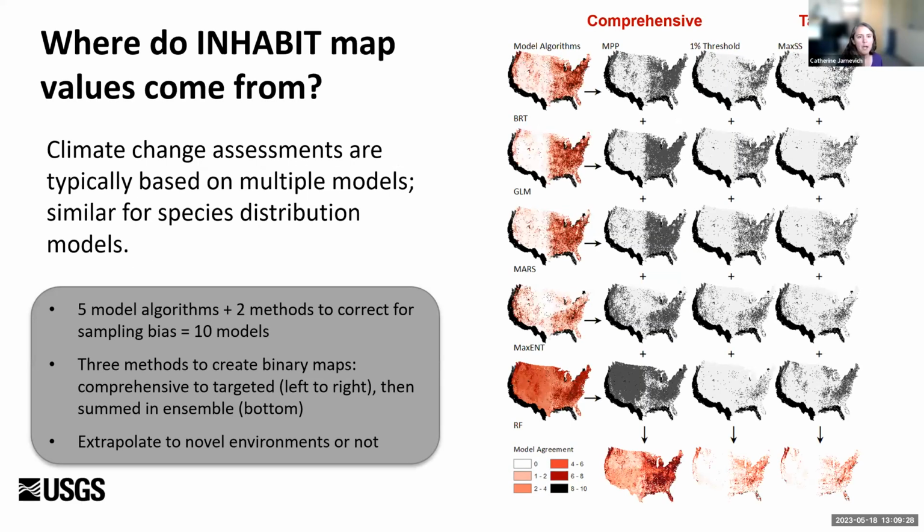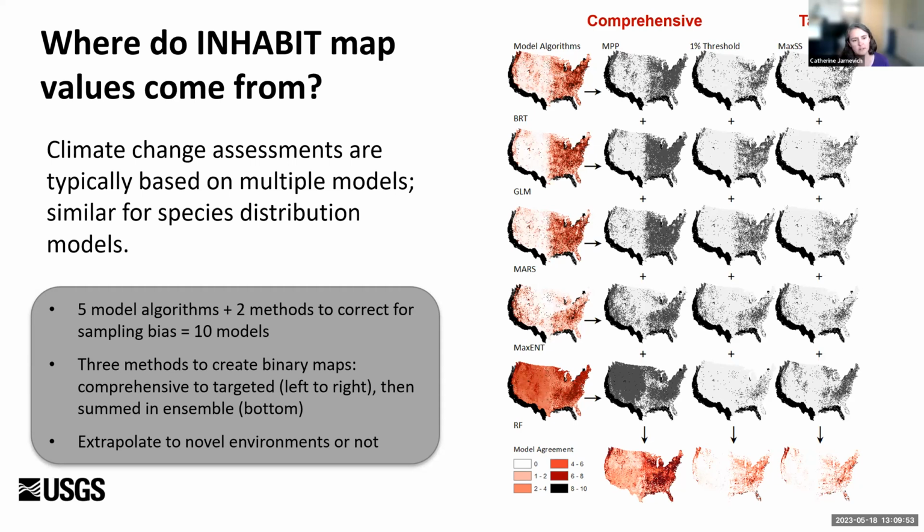So where do INHABIT map values come from? So if you think about climate change assessments, they're typically based on multiple models, and it's similar for species distribution models. And so we have different algorithms that have different ways of predicting where things might be on the landscape. And then we also have potential bias in where data is collected.